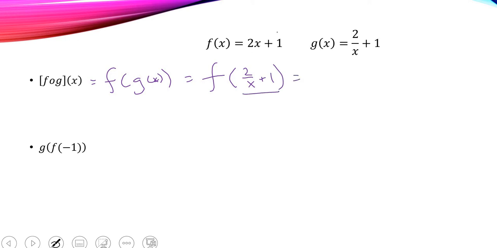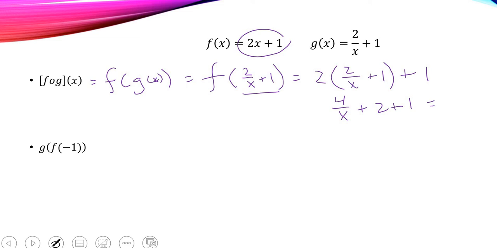So to substitute this into my f function, it's going to be 2 times my whole g of x, plus 1 from the f function. So this would be 4 over x plus 2 plus 1. So my final solution is 4 over x plus 3. So f of g of x is 4 over x plus 3.